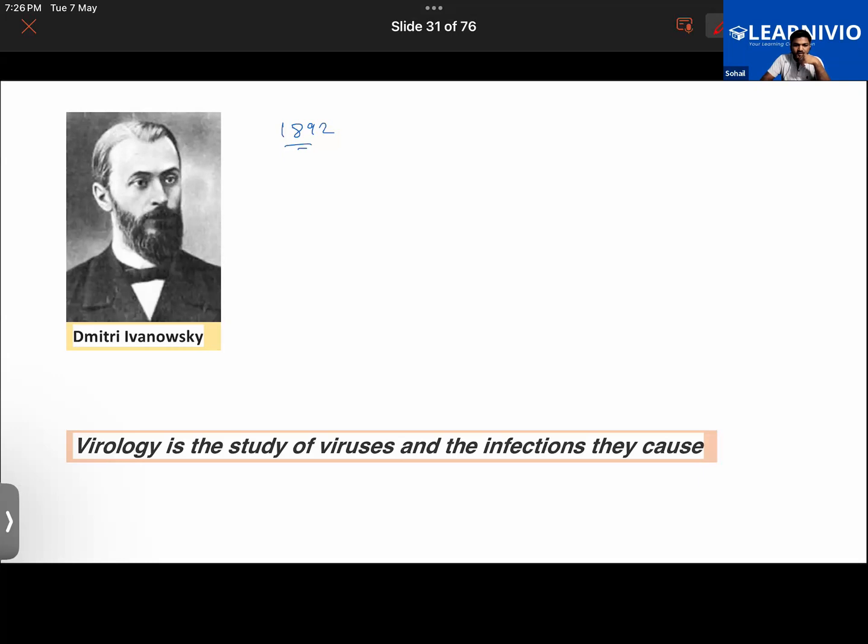Yes, sir. Okay, so it was only after 6 years that another person came and gave the term virus. Did he find it with a compound microscope or a simple microscope? At that time, compound microscopes were not available, I believe. Compound microscopes have been invented recently, maybe he used a simple microscope.